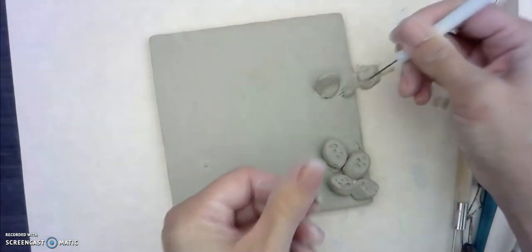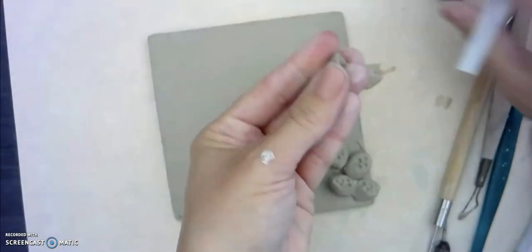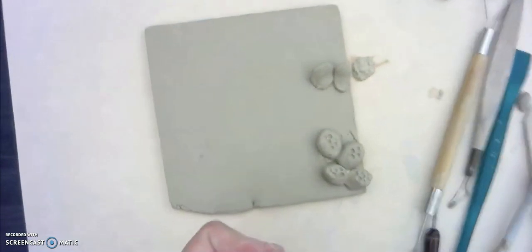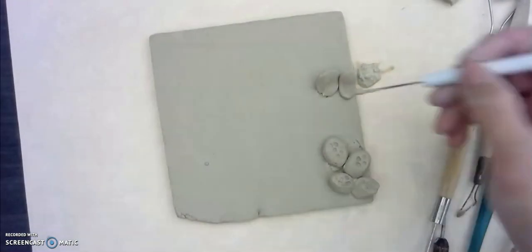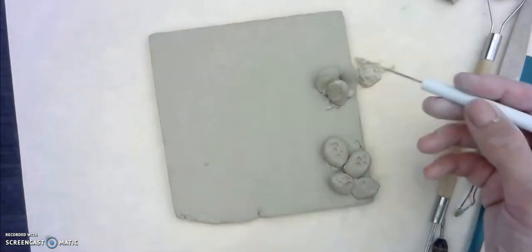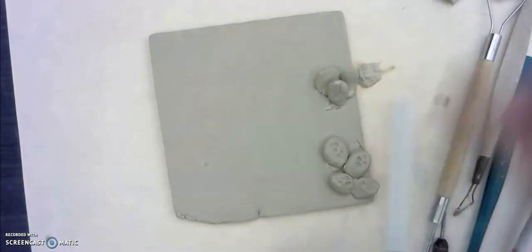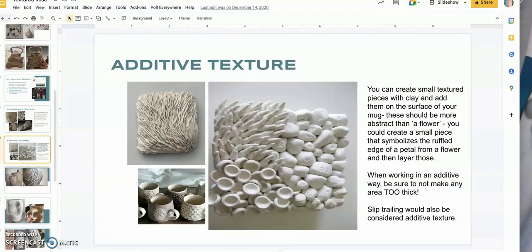How are they going to overlap with each other? So that's something to think about. Sometimes students forget and they start adding and then they realize they're running out of room, or they just didn't compensate for the space, right? So now I'm starting to layer this. So again, a lot of choices for additive technique.